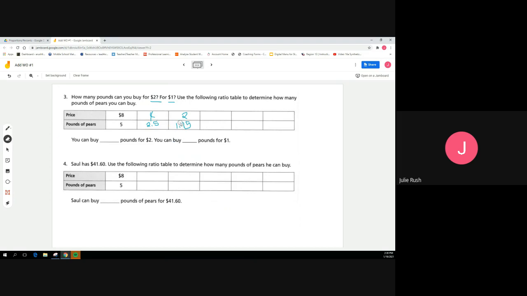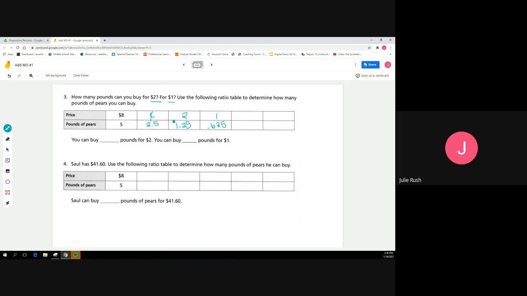Y'all gotta watch me. 1.25 because that's half of 2.5, right? And then we're going to halve again, and $1 would buy us 0.625 pounds. I know this math because it's what I call benchmark math.